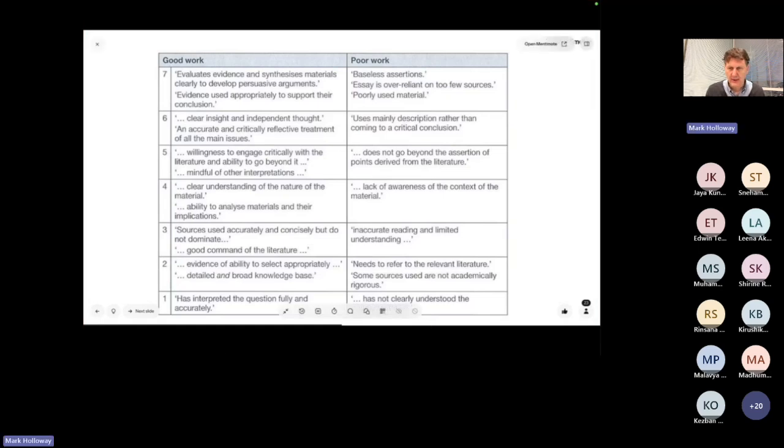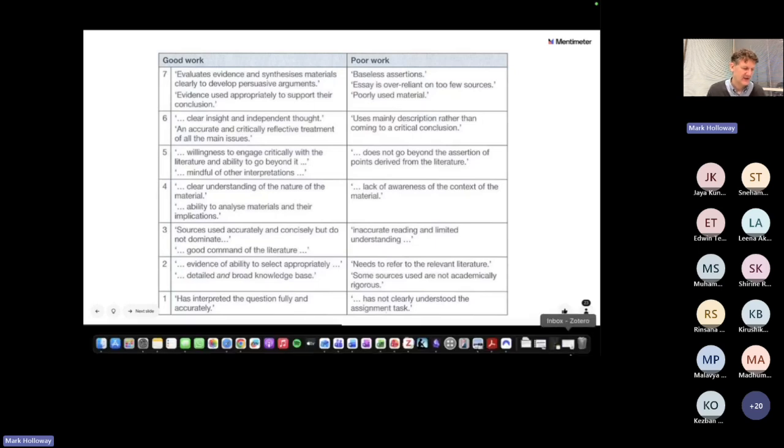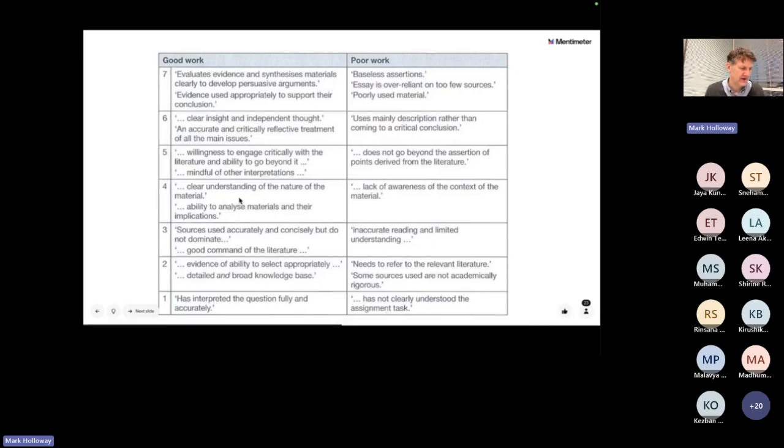Whereas you need to be able to interpret a question fully and accurately in order to then be directed towards reading the right texts and being able to select useful reading and developing that detailed and broad knowledge base that's referred to here.